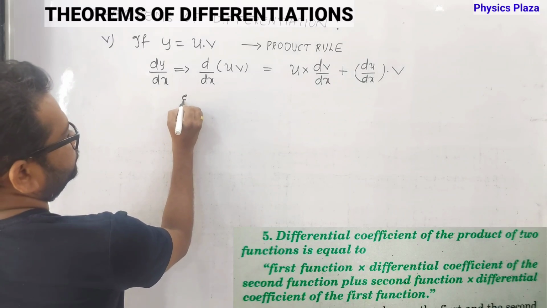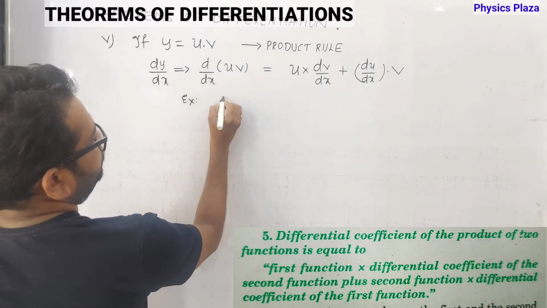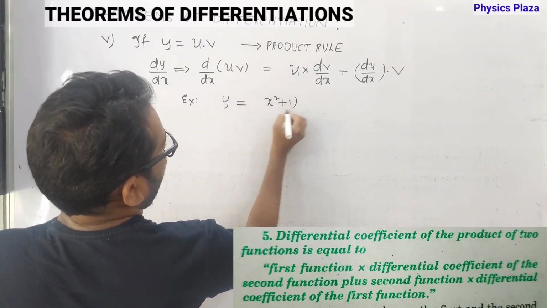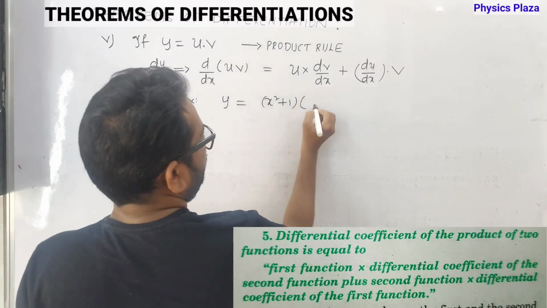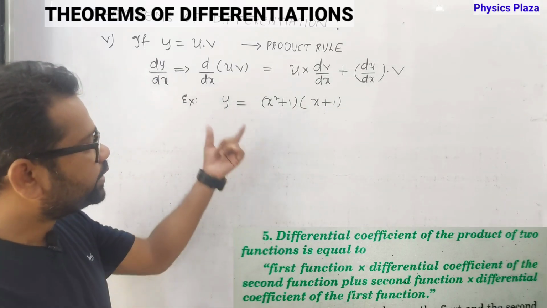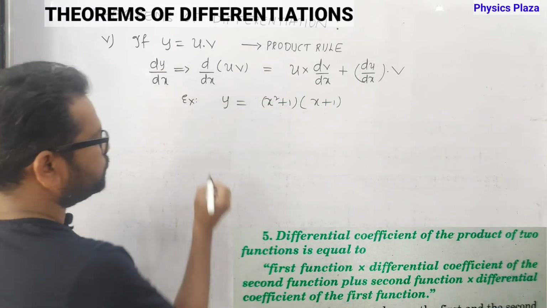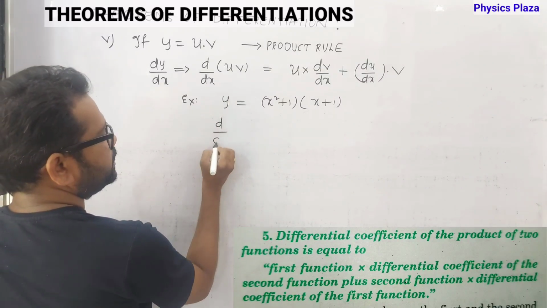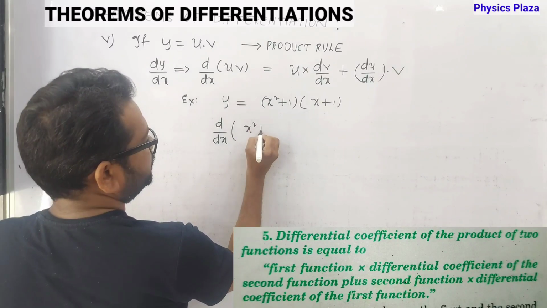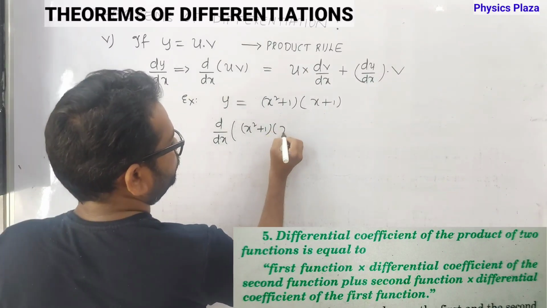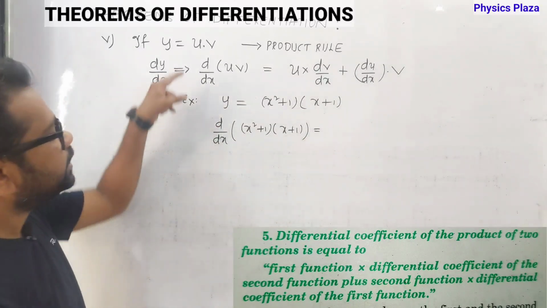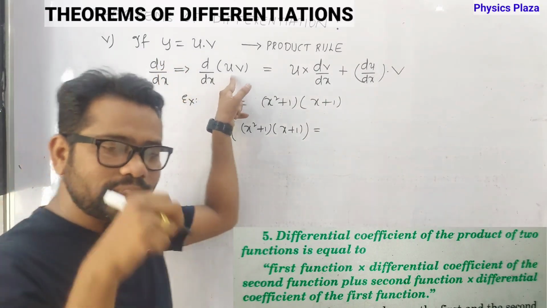Suppose, children, for example, let us take y is equal to x square plus 1 into x plus 1. We have to calculate the differential coefficient. So it is d by dx of x square plus 1 into x plus 1. Children, don't you think it is in the form of d by dx of uv? Yes, it is in that form.